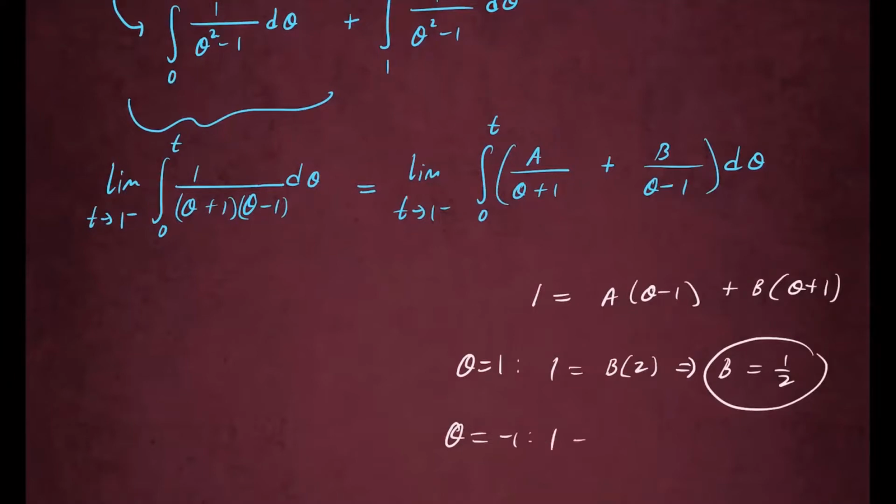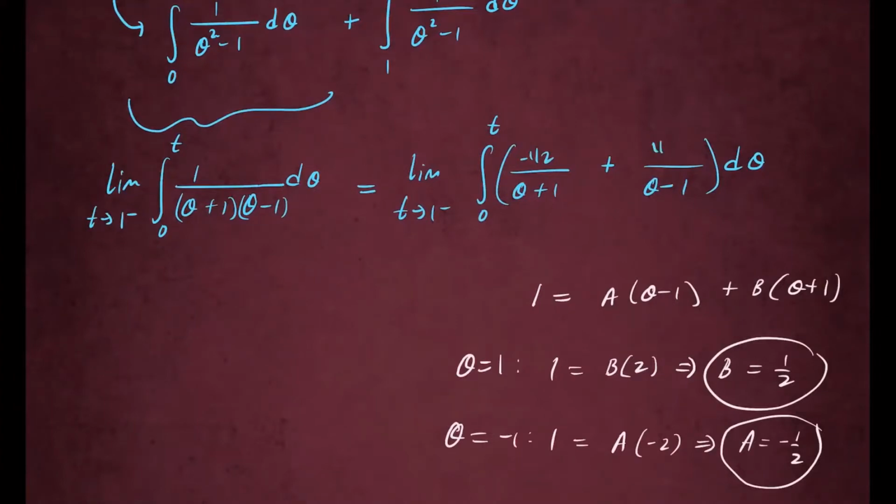So you will have 1 equals a times -1 minus 1, that's -2. So this would give you a equals -1/2. All right, so I'm able to solve for my a and b very quickly. Now I can finish up the integration. So that's what I'm going to replace right here. So I got a is equal to -1/2 and b is equal to positive 1/2.